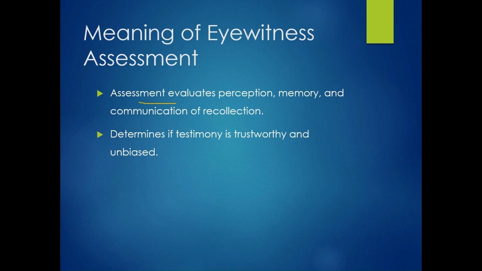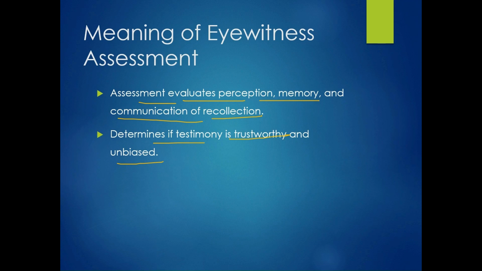So it is an assessment that evaluates perception, memory and communication of what the person recollects about the incident. It is not just about what they say, it's about understanding how their mind processed what they saw. Right? So it helps in determining if testimony is trustworthy and unbiased.